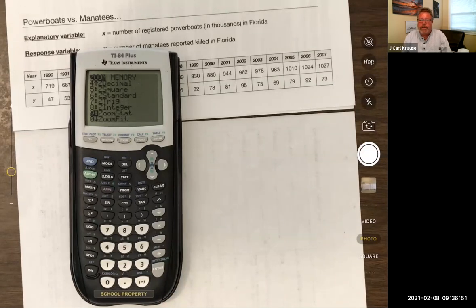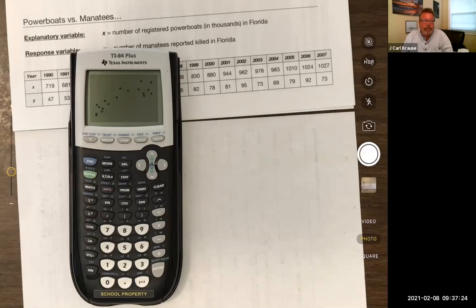What it will do is look at the type of plot that you're trying to draw. It'll look at the numbers you're planning on using for that, and it will automatically set up the window boundaries for you. So if you select that, press enter with it on zoom stat, then if everything's lined up properly, you should get that scatter plot right there. Now, you might get an error message there.